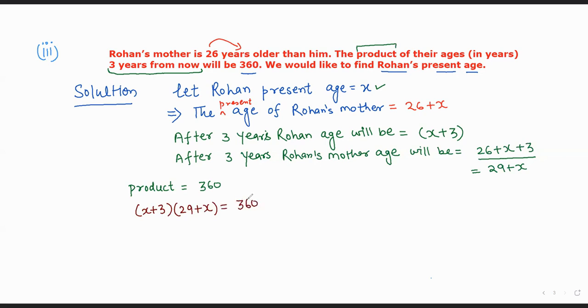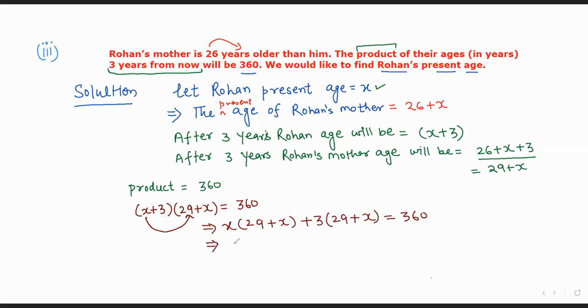Right. Now, the interesting thing is, we need to solve this expression, and we can solve it easily. So it will be x times (29 plus x) plus 3 times (29 plus x) equal to 360.